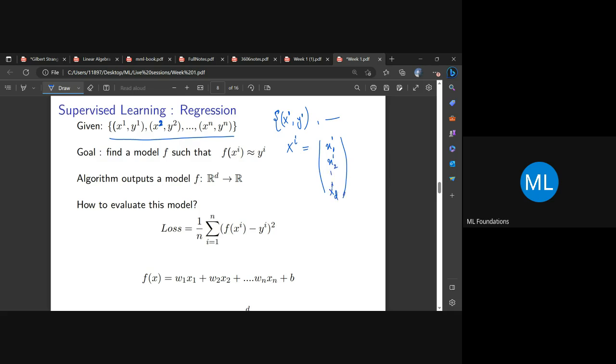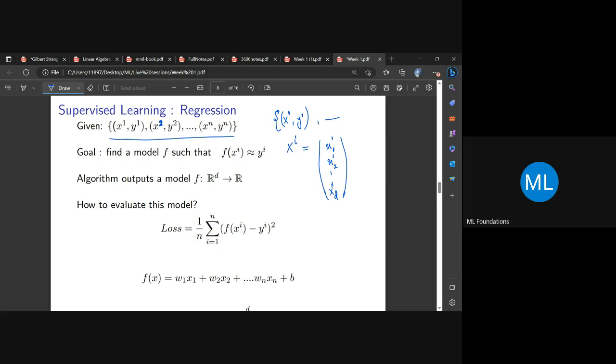For example, you can take the housing problem that you have seen in the lecture. You want to predict the price of the house based on the area, number of rooms, and the distance of the house from the metro, right? So what is going to be your xi there in the housing problem?